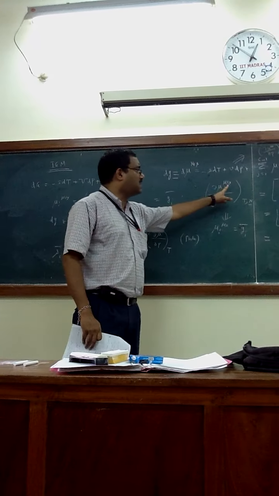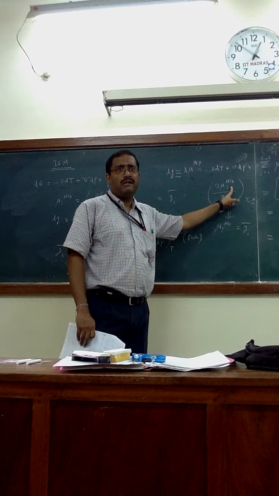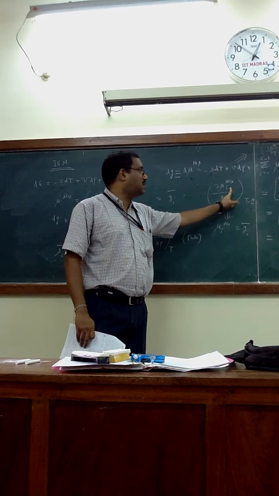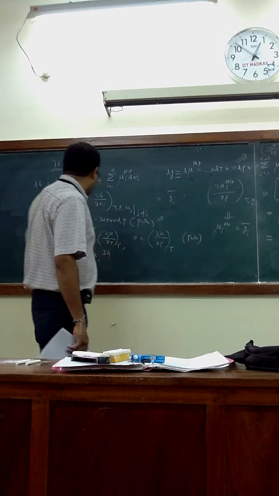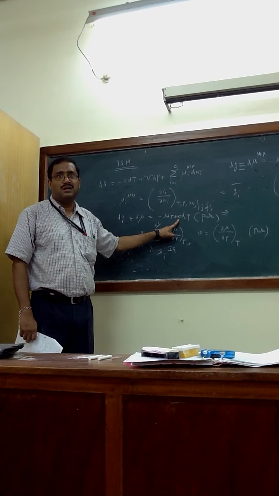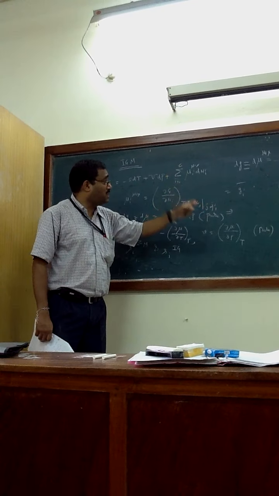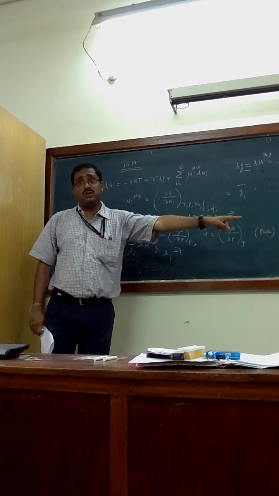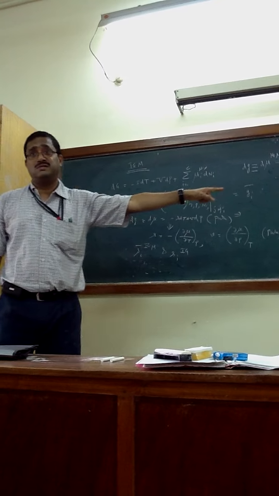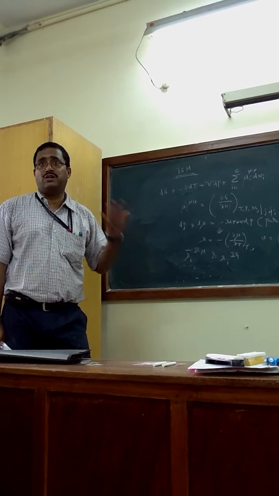Remember that this did not come up for the pure substance. Pure substance came directly: you could have done ∂μ_mix/∂P directly, with capital V, small v, and so on. But when it goes to multi-component, we have to do this whole lot of derivation. That's the difference. I am teaching every line of difference between pure and multi-component.